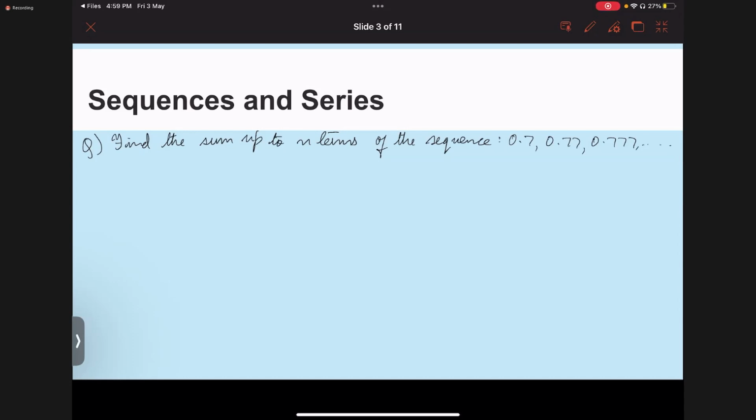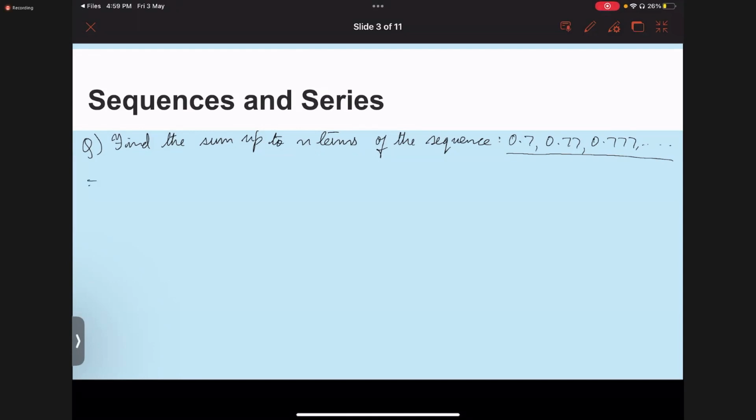Okay, so in this sequence, there is no immediate relation that you can make out from here. It is a bit difficult to just put it in the form of, say, a geometric progression or arithmetic progression. So we will try to simplify it.